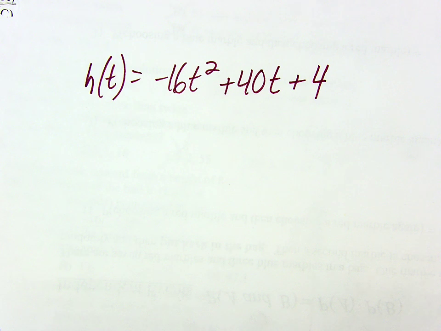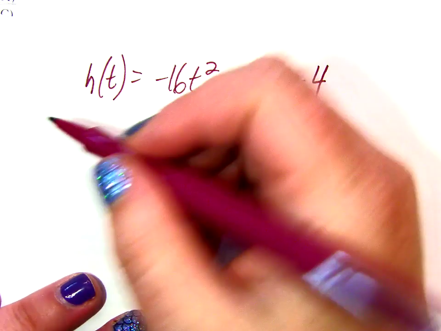I can ask you, how high does the ball ever go? I can ask you, how long does it take for the ball to get as high as it ever goes? I could ask you how long it takes for the ball to hit the ground. Or some version of that. So let's answer them all.